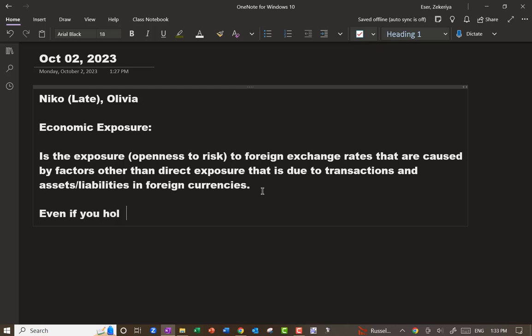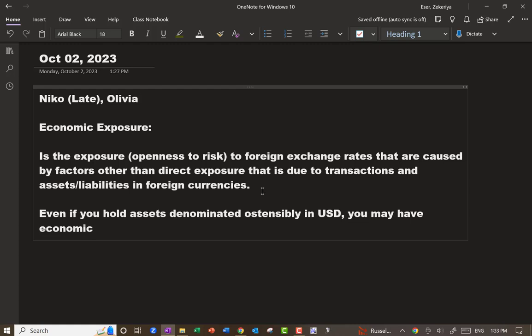Even if you hold assets denominated at least ostensibly in US dollars, you may have transaction exposure.